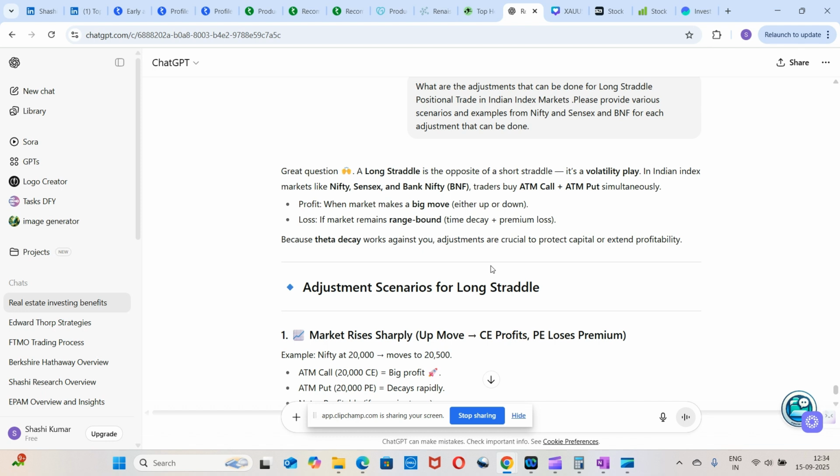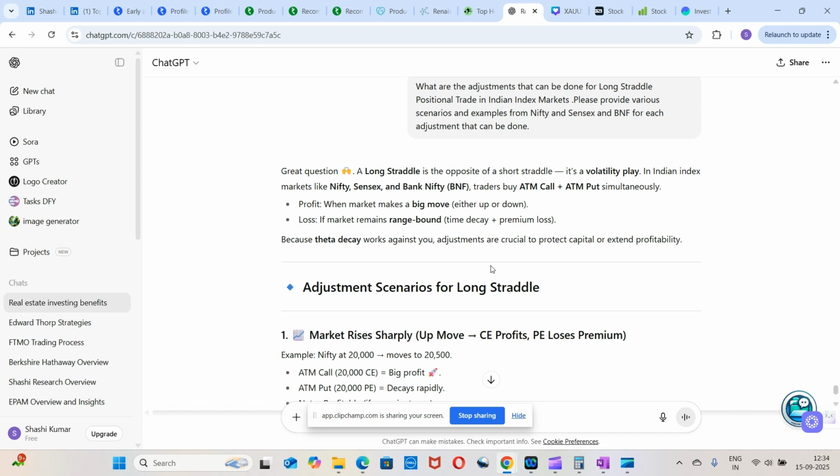It gives you profit when the market makes a big move in either direction, up or down. Whenever you feel, I don't know which way the market will go, but I am sure that it will give a good movement from this point, then you can deploy this strategy. The only place where you should not deploy this strategy is if you feel the market won't move anywhere and will just be range bound.